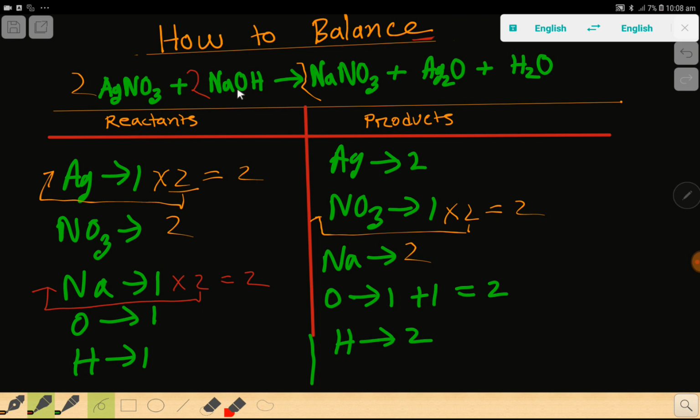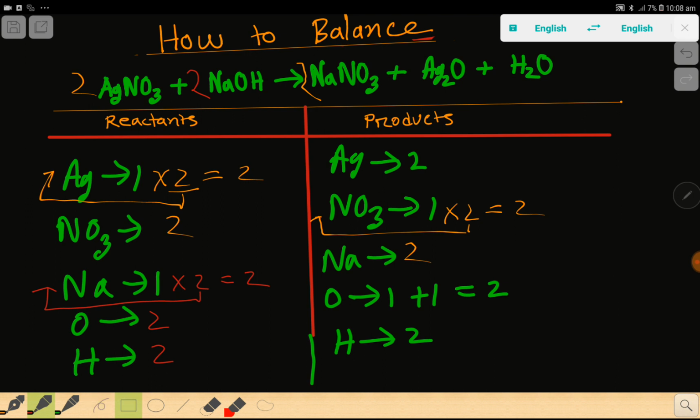The number of oxygen will be 2. So you need to update the number of oxygen here, right? The number of hydrogen will be also 2. So you need to update your hydrogen, right? So balancing this equation means you have to balance the number of silver, nitrate, sodium, oxygen, and hydrogen from both sides.